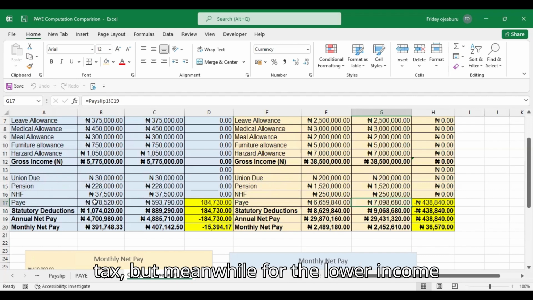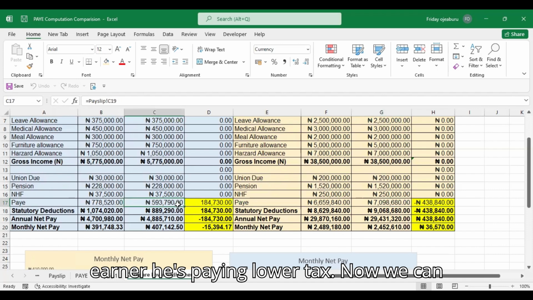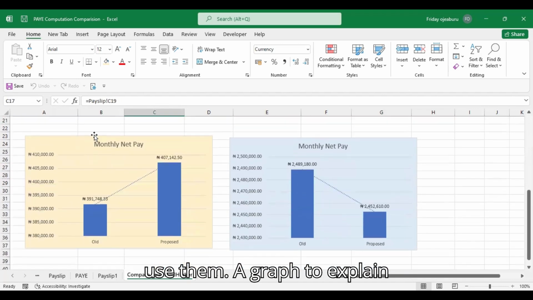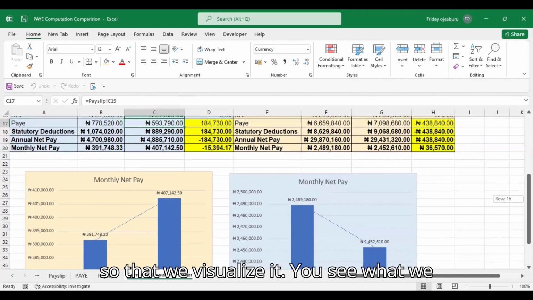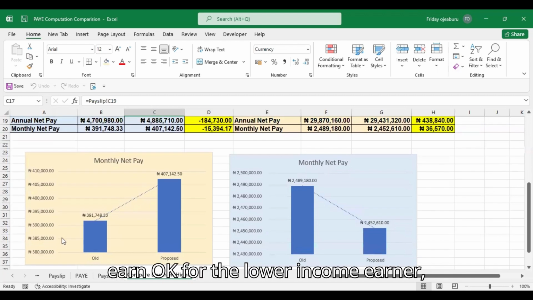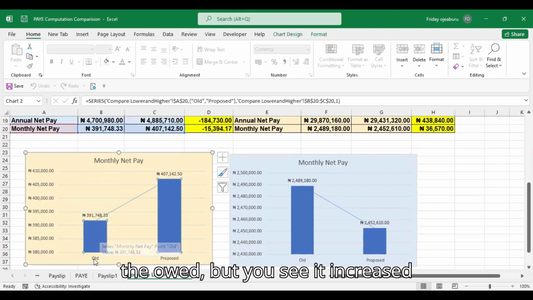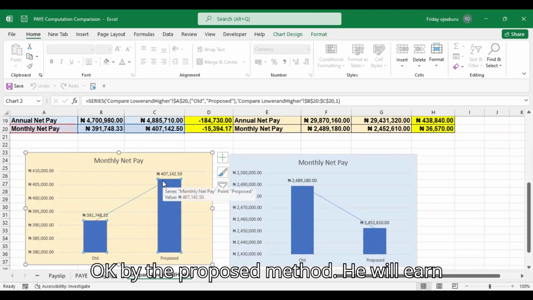But meanwhile, for the lower income earner, he's paying lower tax. Now we can use a graph to explain this, what they will earn, so that we visualize it. You see what they will earn. Okay, for the lower income earner, his salary under the old method, but you see it increased, okay, by the proposed method.